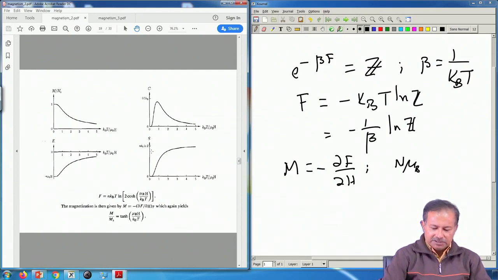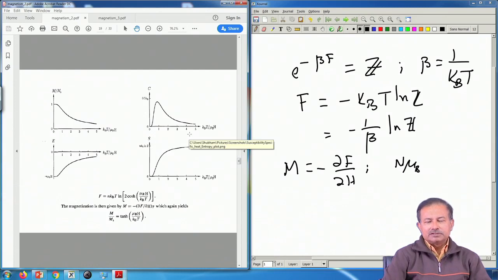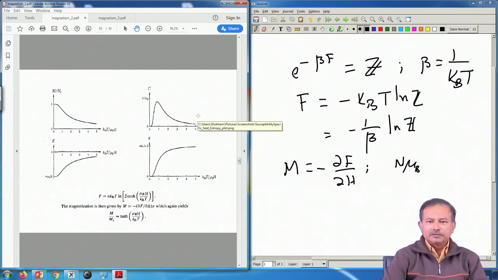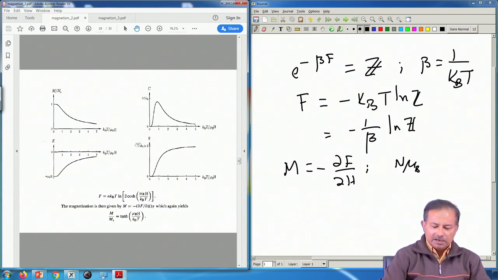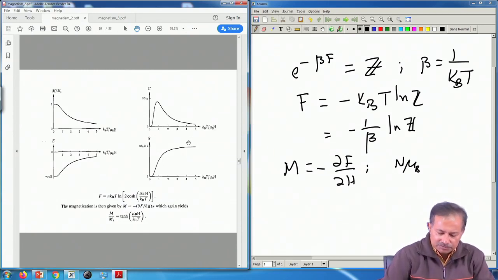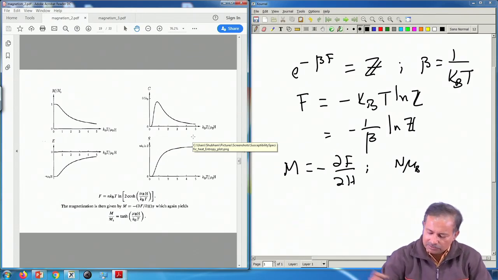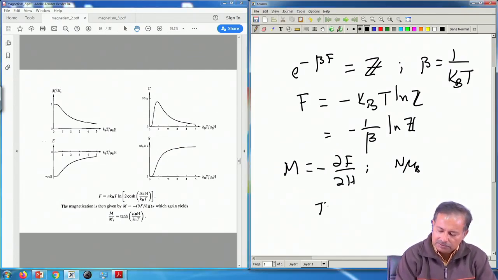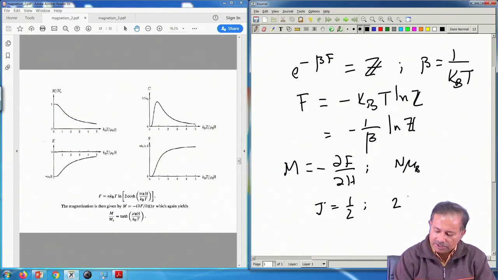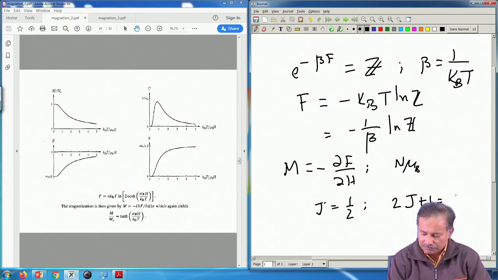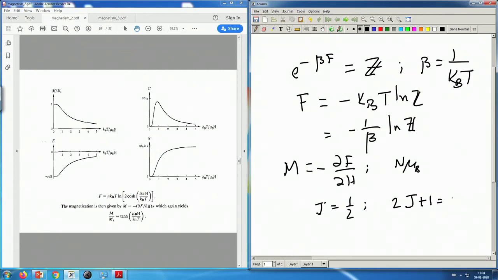The other thing is the entropy. Entropy of course is the number of states, it is just the counting of states, and the logarithm of that. Since we have J equal to half, the number of m_J values is 2J plus 1, which is 2 into half plus 1, which is 2.